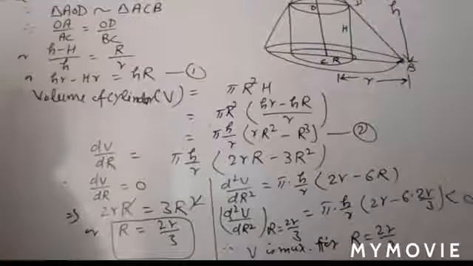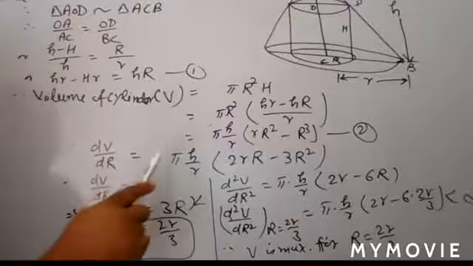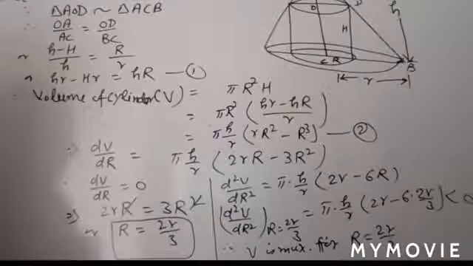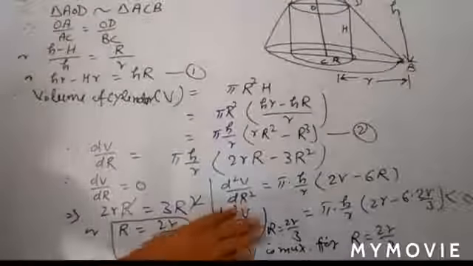Now putting that value of capital R in equation 2, you get the value of the greatest volume of the cylinder. First note up to this one.